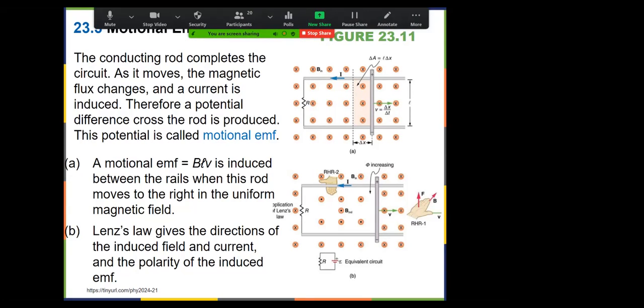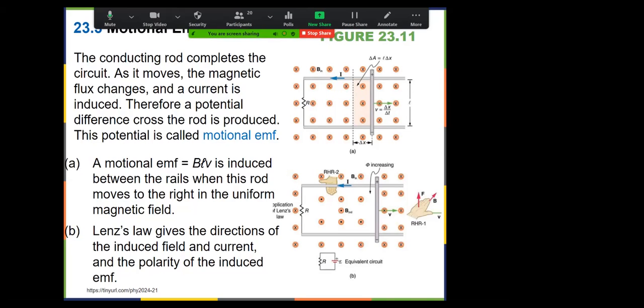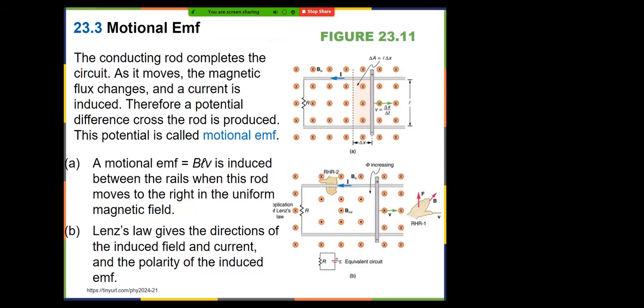Because this is induced EMF, similarly the induced current will have an effect that opposes the change of the area. With motion to the right in this case, the induced current inside the loop will produce a magnetic field opposite to the original direction of the magnetic field, because you have an increase in magnetic flux.